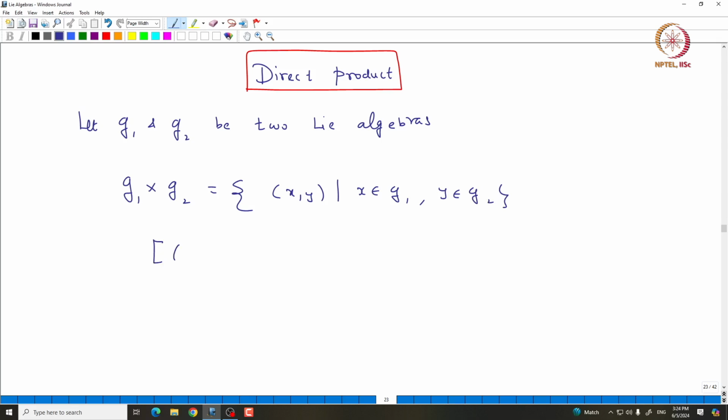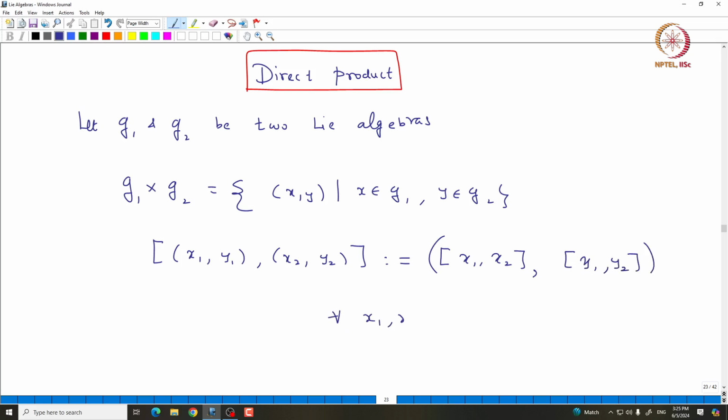The bracket of (x1, y1) and (x2, y2) is defined to be the bracket [x1, x2] in the first coordinate comma the bracket [y1, y2] in the second coordinate, and this is true for all x1, x2 from G1 and y1, y2 from G2.